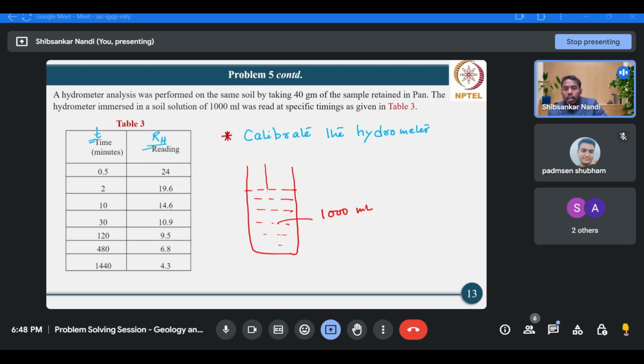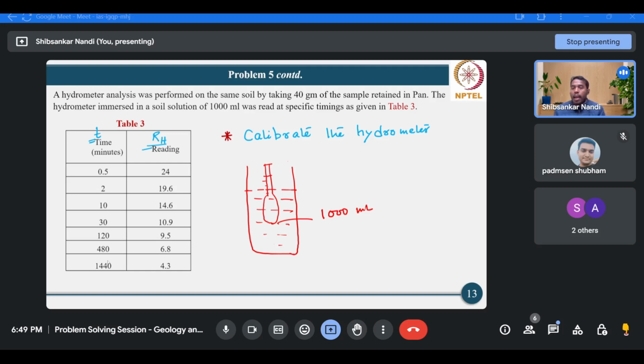Then you immerse the hydrometer. My drawing is not very good. You immerse the hydrometer and you get the reading for different time intervals. Here the time intervals are given in the first column of this table 3: 0.5, 2 minutes, 10 minutes, 30 minutes, 120, 480, up to 1440 minutes.